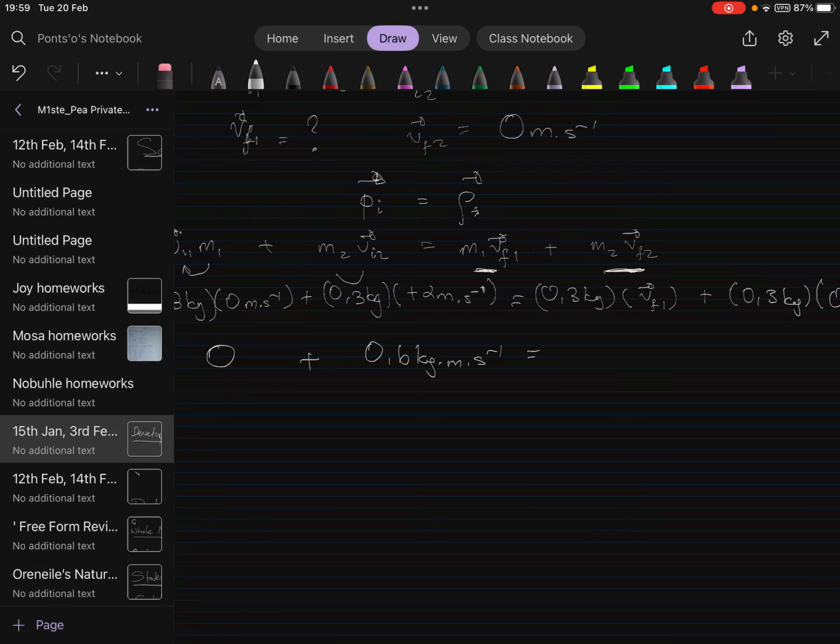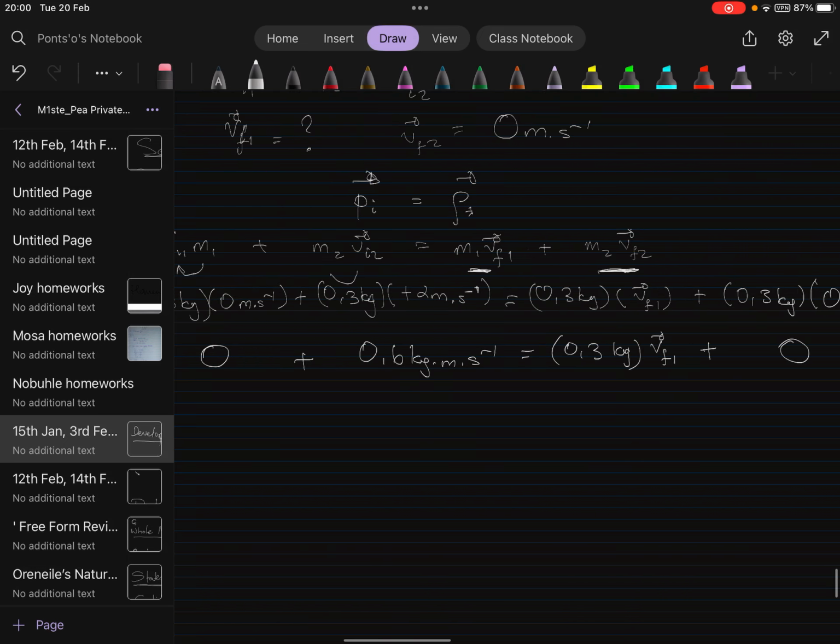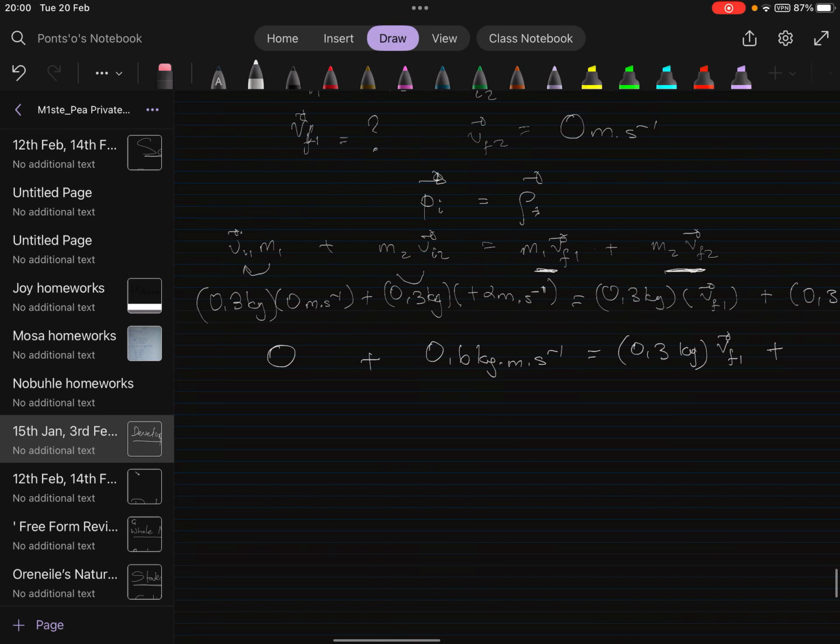Yeah, and then we have 0.3 kilograms times vF1, velocity final for the first object. And then the final momentum for the second object is 0.